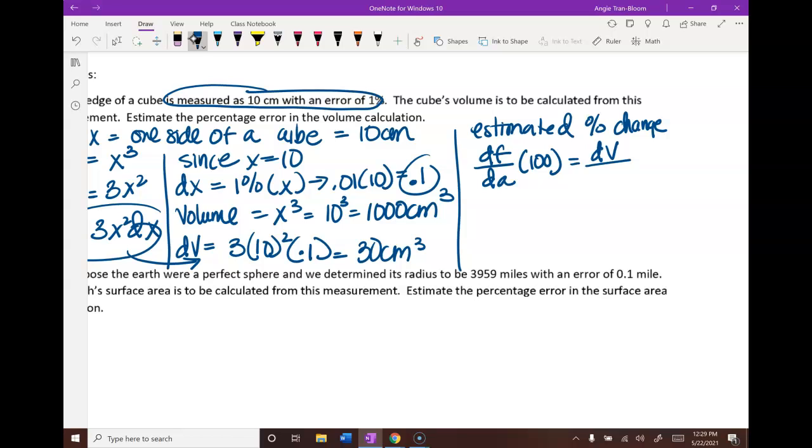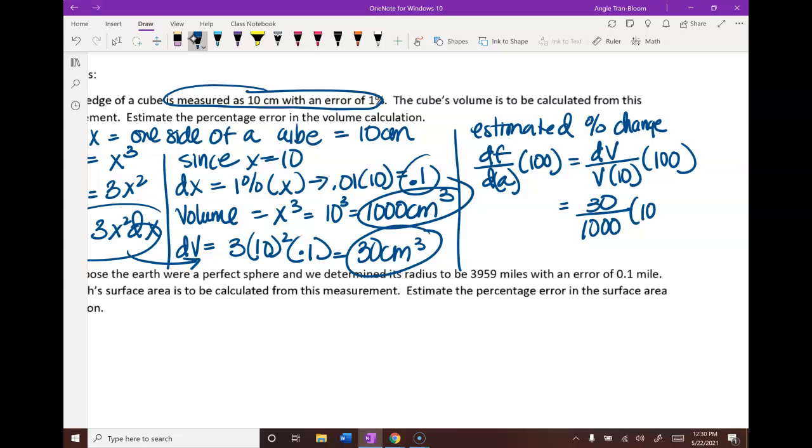So the change in volume, this is dA I think in your formula, over the volume when the side is 10, and then times 100 because it's going to be a percentage. Well, we have dV, which we calculated as 30, volume is 1,000, and we have to multiply by 100 because we want a percentage. So students, this comes out to be 3%. Okay, so the estimated percentage of error for the volume is 3%.